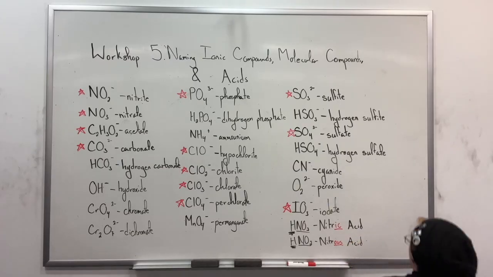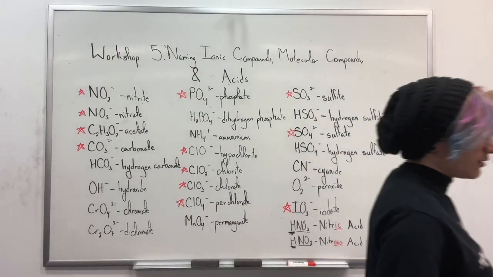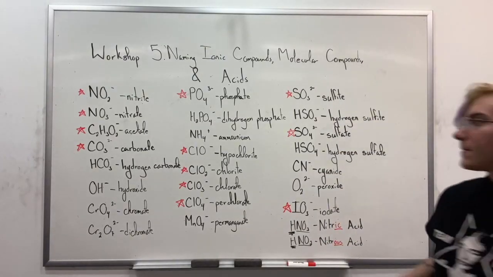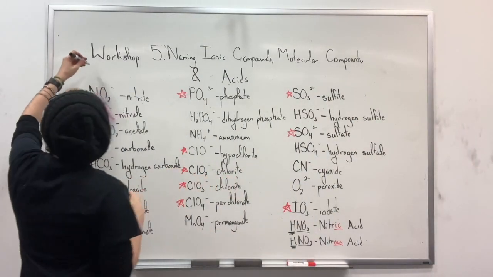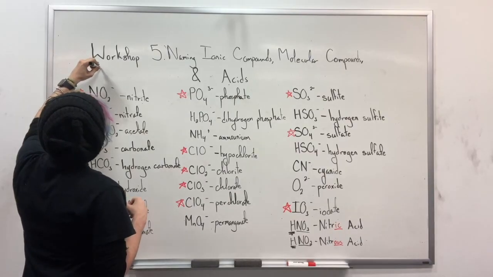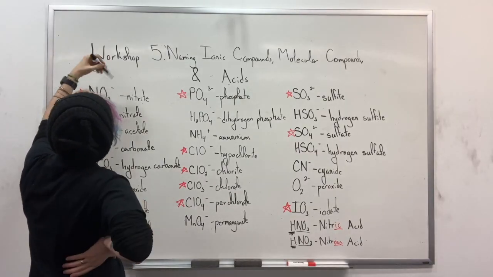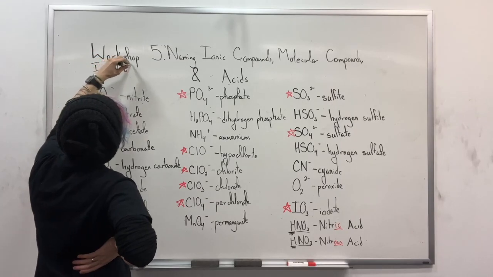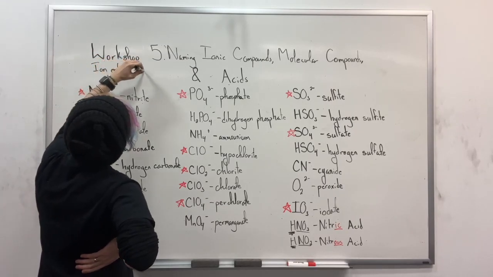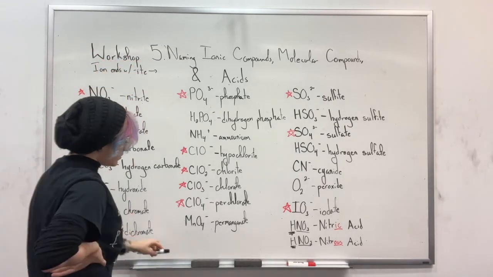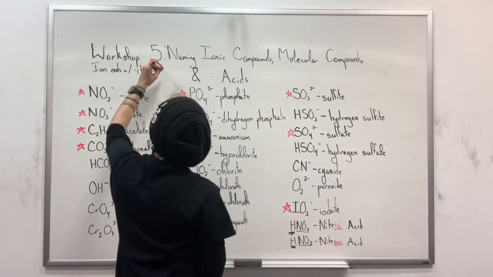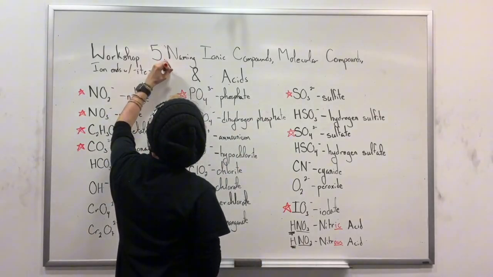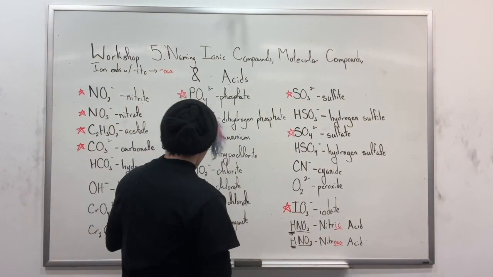And so to make this a rule that can be applied to all oxyacids, if your ion ends with ITE, you replace it with OUS when naming the acid.